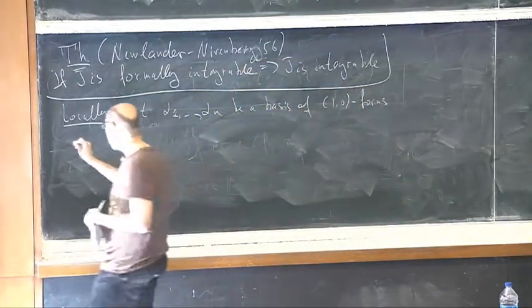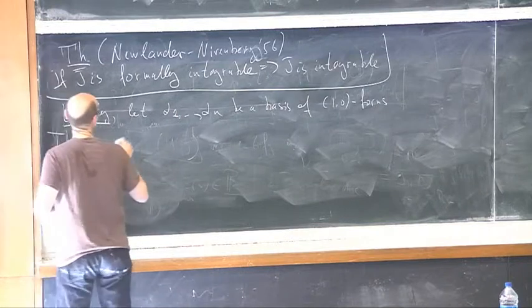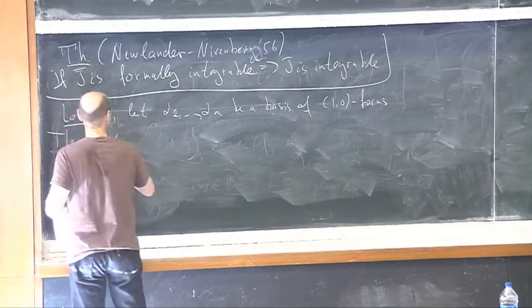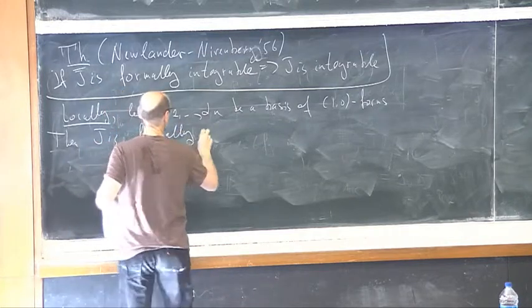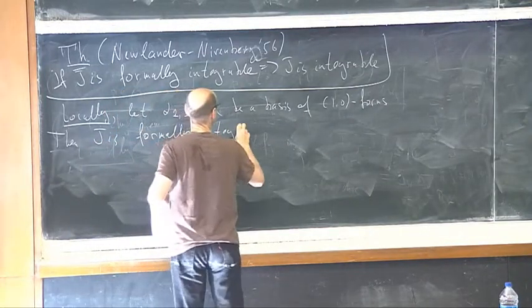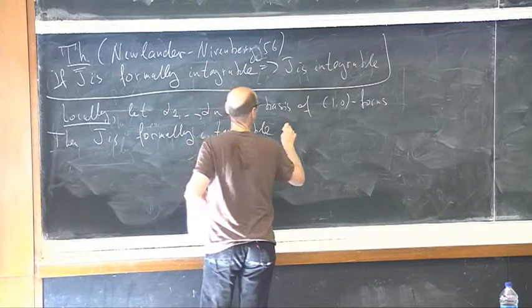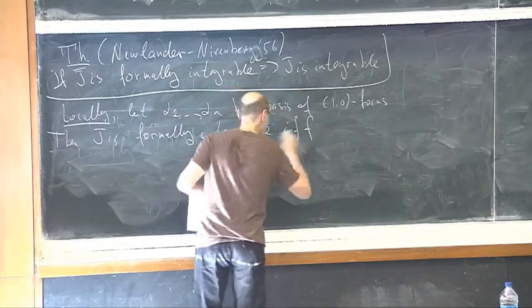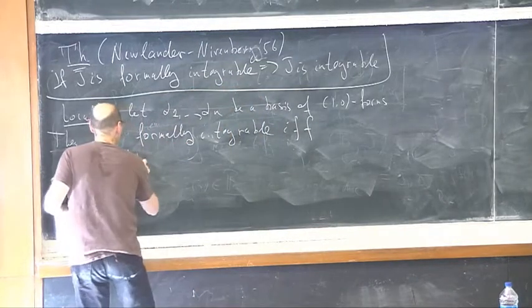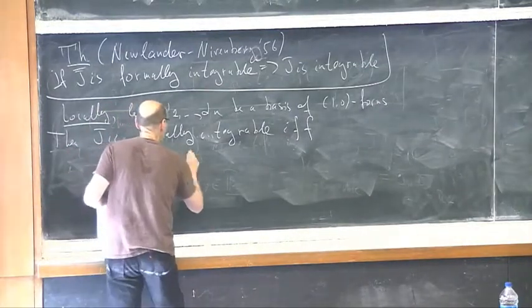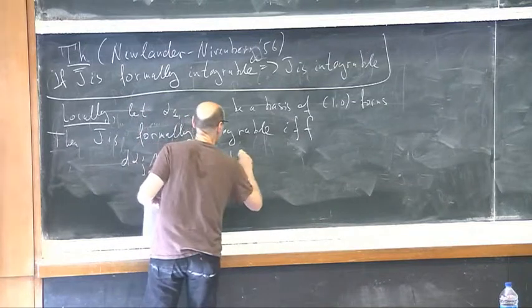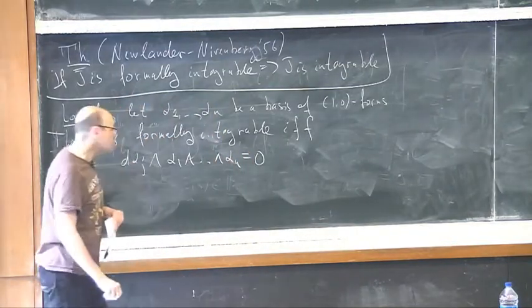Then J is formally integrable if and only if this condition holds: d alpha_j exterior product alpha_1 ... alpha_n is equal to 0 for all j.